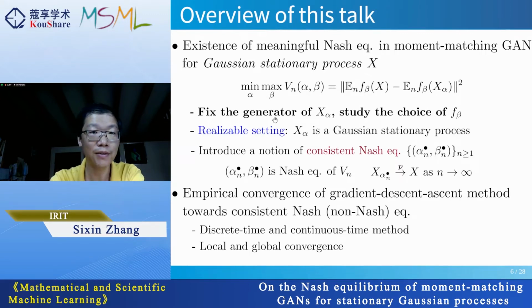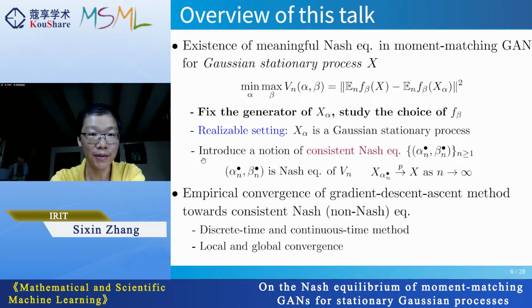And the idea is to fix the generator X alpha and then study the choice of F beta. So that somehow simplifies the theoretical study of this whole domain. And we are going to consider a realizable setting where X alpha is a stationary Gaussian process. So I will tell you what it is.